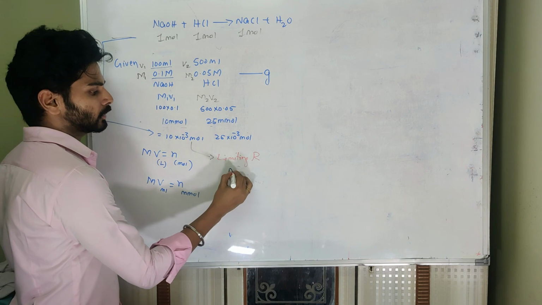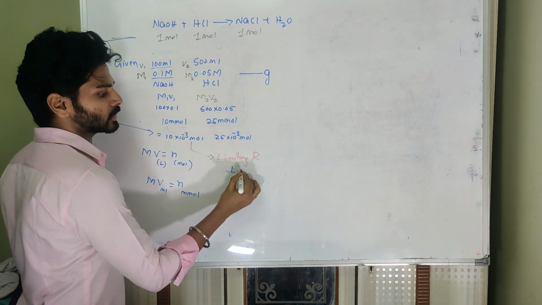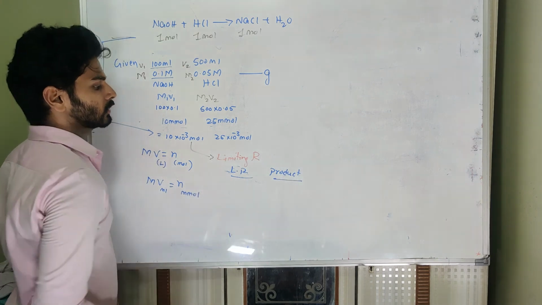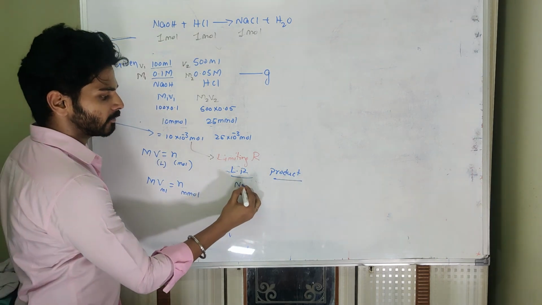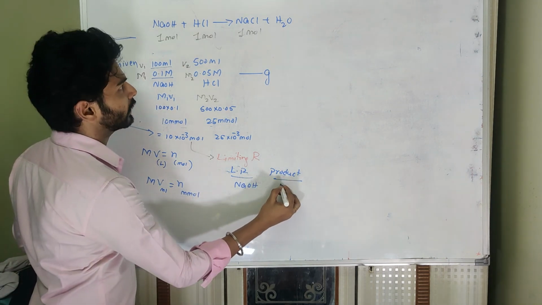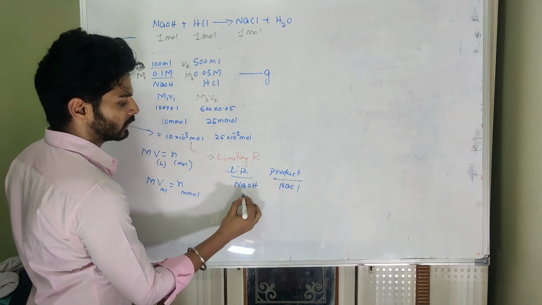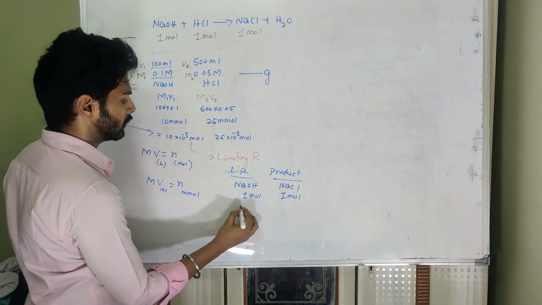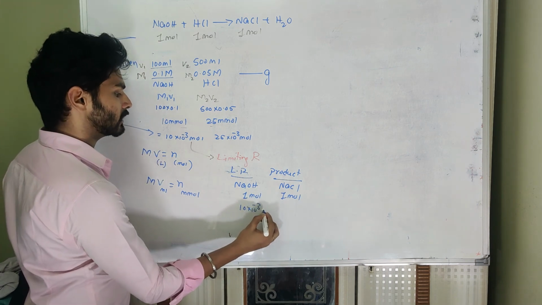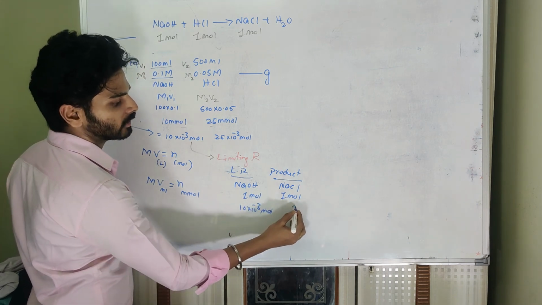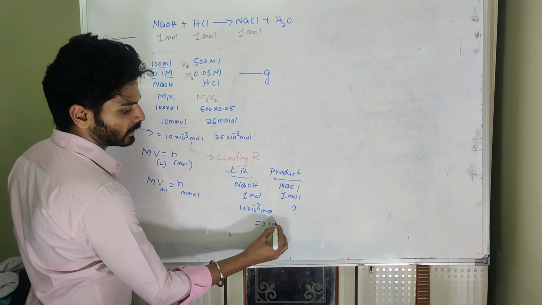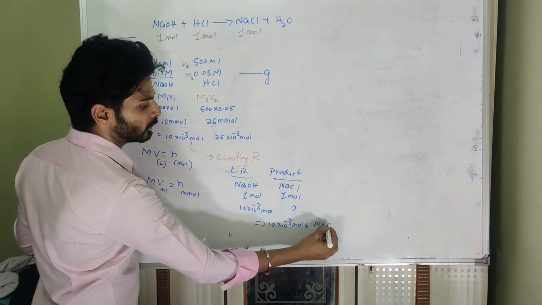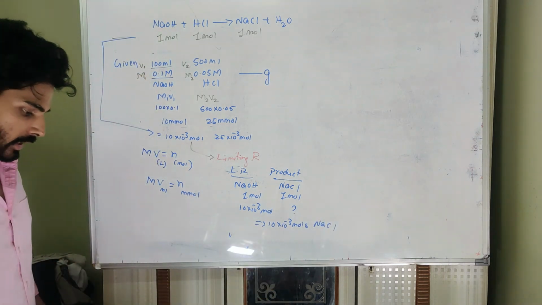So I'm going to compare the limiting reagent with the product asked. The limiting reagent is NaOH and the product asked is NaCl. So its 1 mole will give us 1 mole. So 10 into 10 raised to minus 3 moles of NaOH will give us 10 into 10 raised to minus 3 moles of NaCl. Now we are asked to calculate in terms of gram.